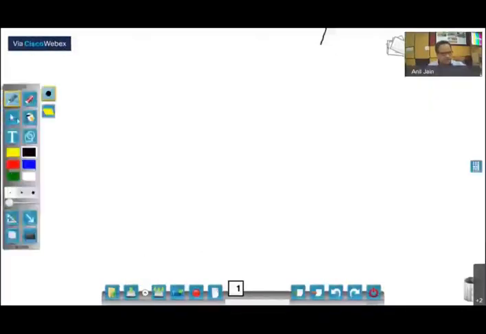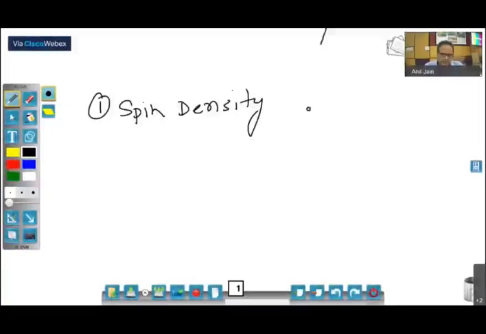So by doing a polarized neutron diffraction study, you can get an idea about the spin density distribution, so you can get an idea of how this spin density is distributed in your sample.